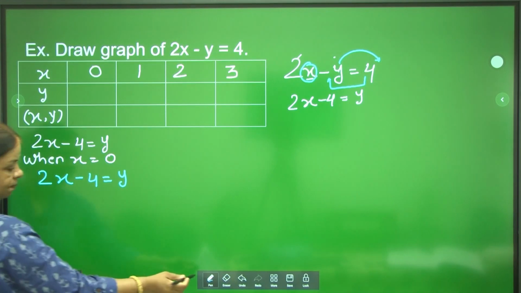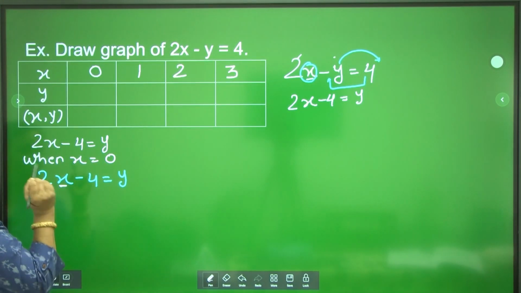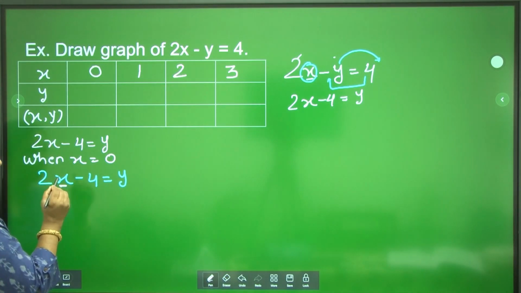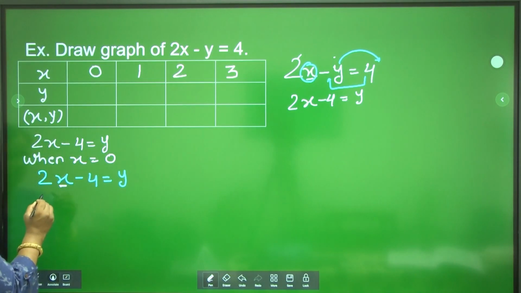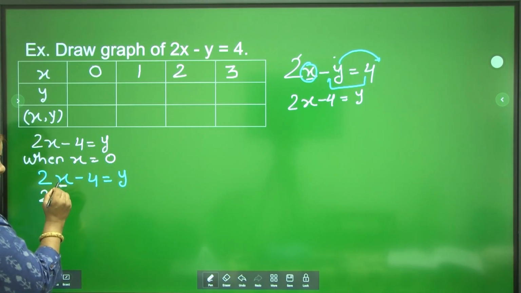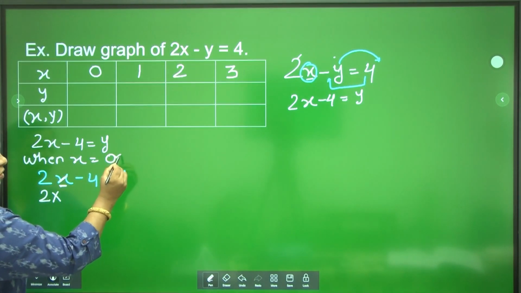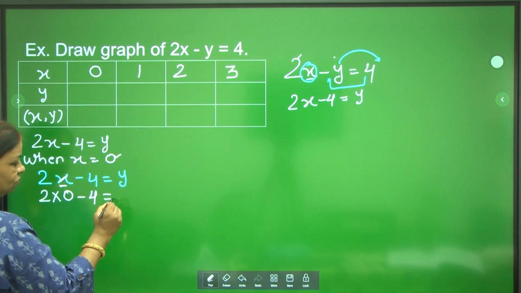My value of x is 0, so in this place I will write 0 in place of x. So I will write 2 into x, and x is what? 0, minus 4 is equal to y.